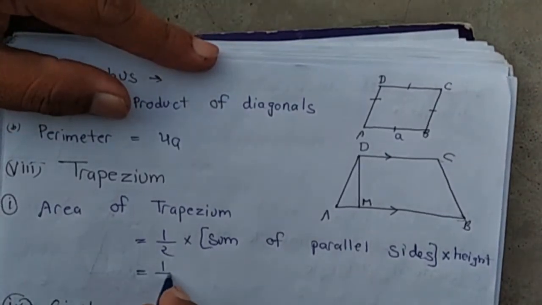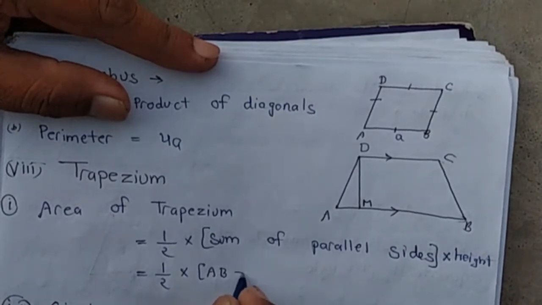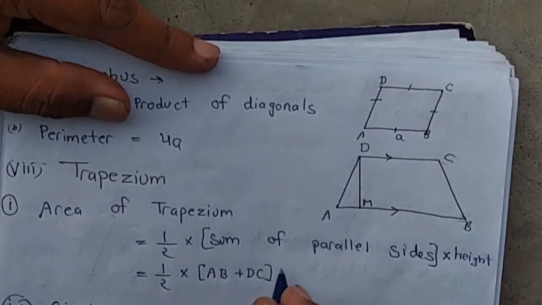If the parallel sides are AB and DC, then it is AB plus DC, and the height is DM.